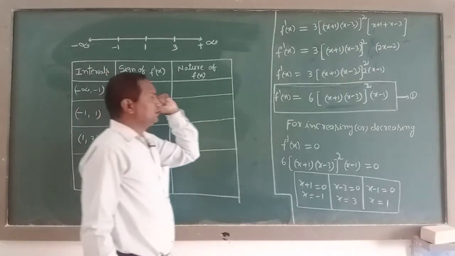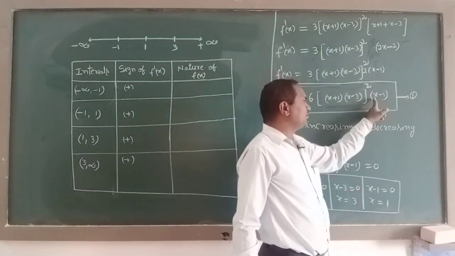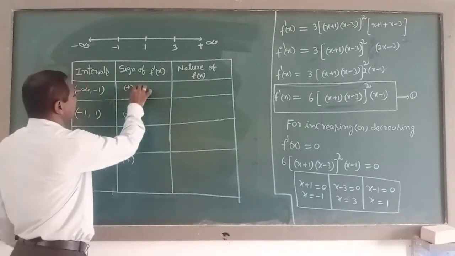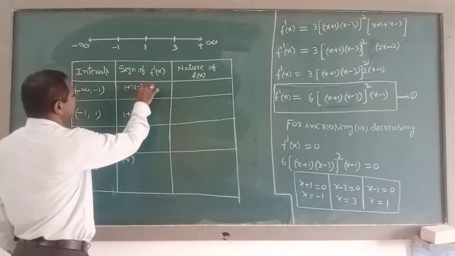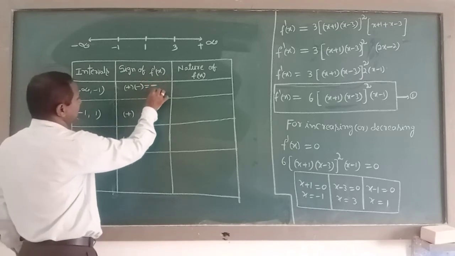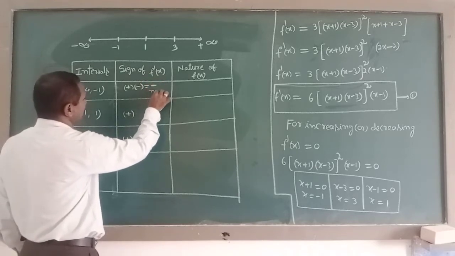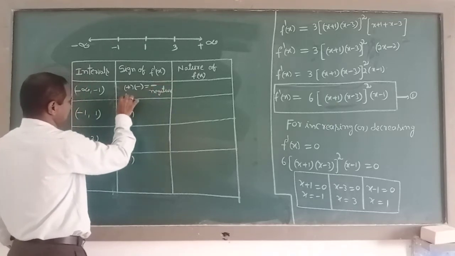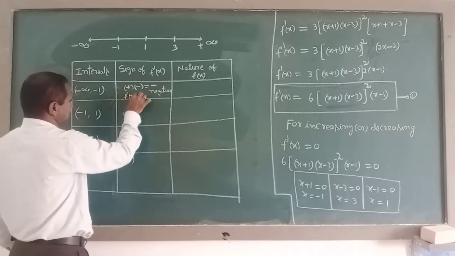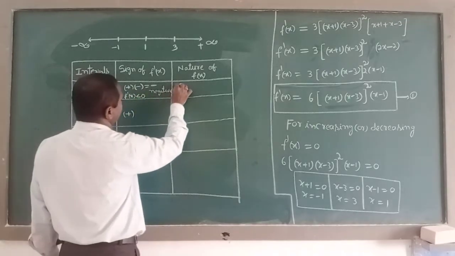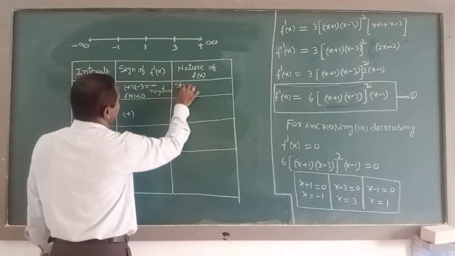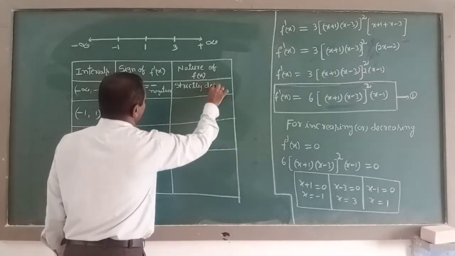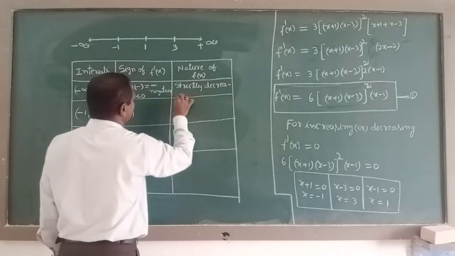Minus 2 minus 1 is minus 3, which means negative. Plus into minus is minus, and minus means it is negative. Negative means here f dash of x is less than 0. Less than 0 means what we are calling a strictly decreasing function.